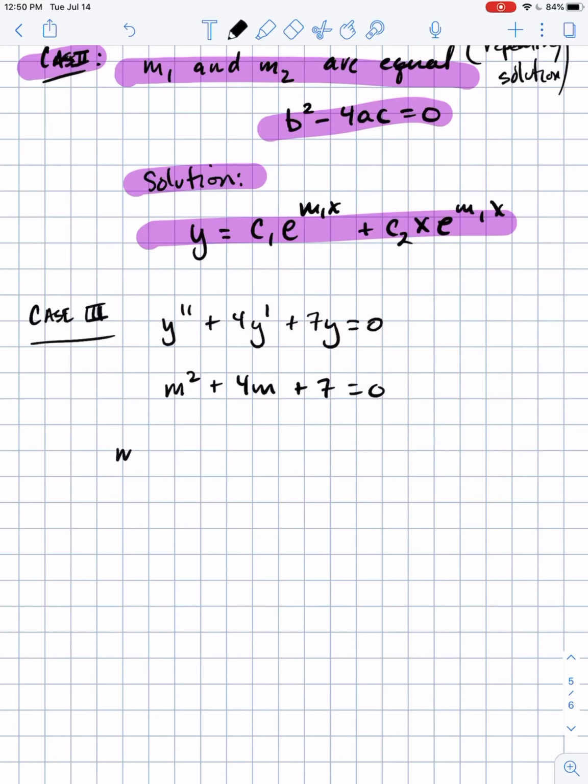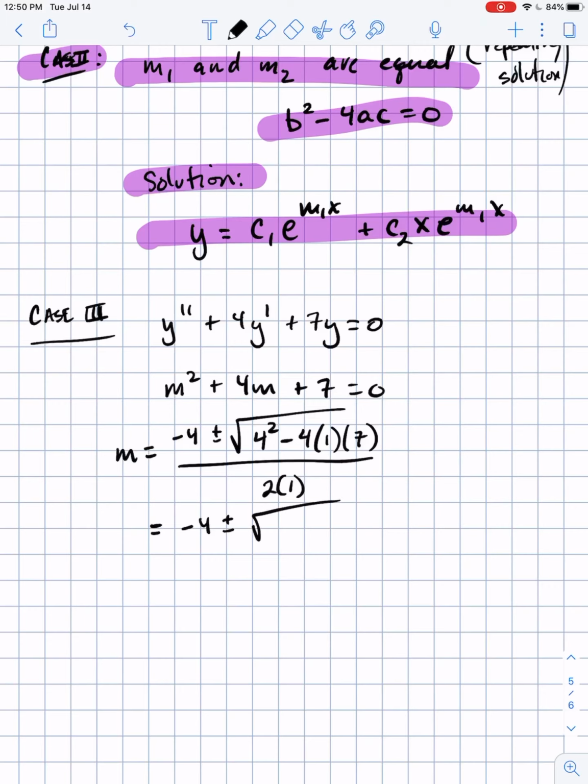So I'm going to do m equals negative b, so negative 4 plus or minus square root of b squared, so 4 squared minus 4 times 1 times 7, over 2 times 1, 2a. So I get negative 4 plus or minus square root of 16 minus 28 over 2. So you have negative 4 plus or minus square root of negative 12 over 2.